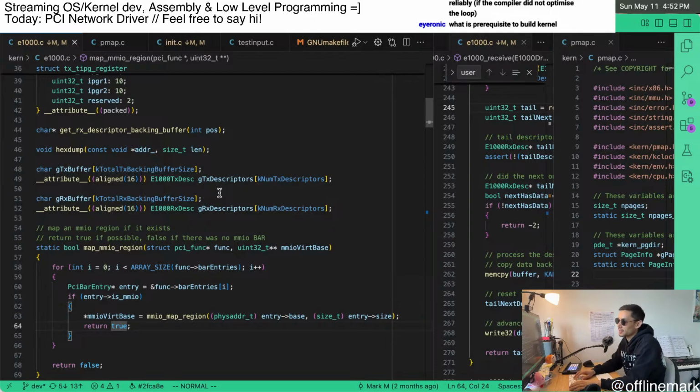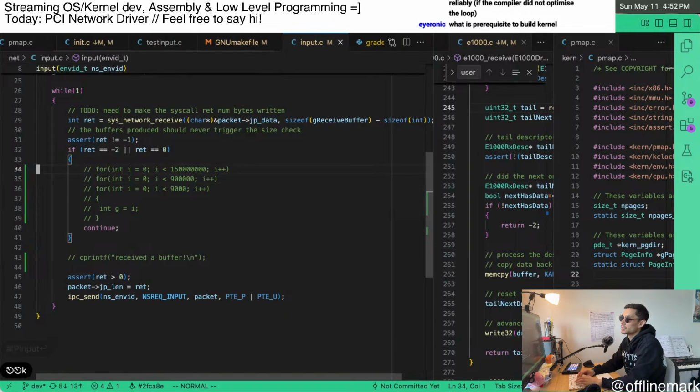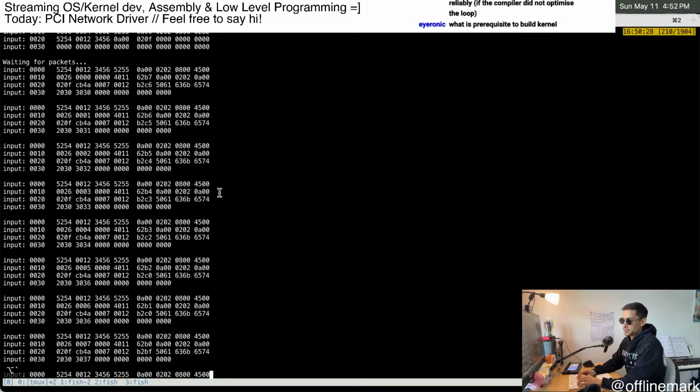So okay, I understand what you're saying. So maybe we actually want the loop, but a big loop might even be better. It makes the test run slower, but it's worth a shot. Let's try it.